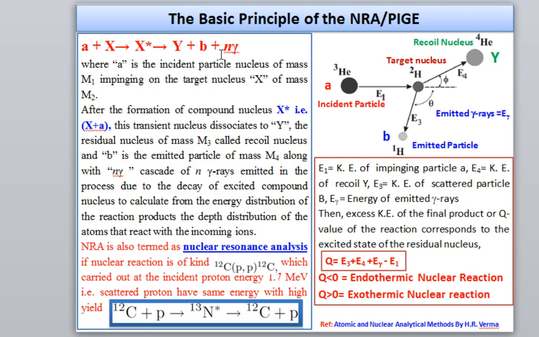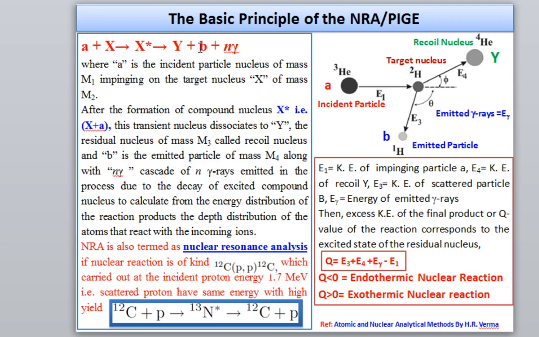Okay, so if gamma is emitted, one can probe the gamma, and that gives the technique proton induced gamma or PG, particle induced gamma. If this gamma is not emitted, one can detect the emitted particle and the residual nucleus, and then analyze. The technique is known as nuclear reaction analysis.